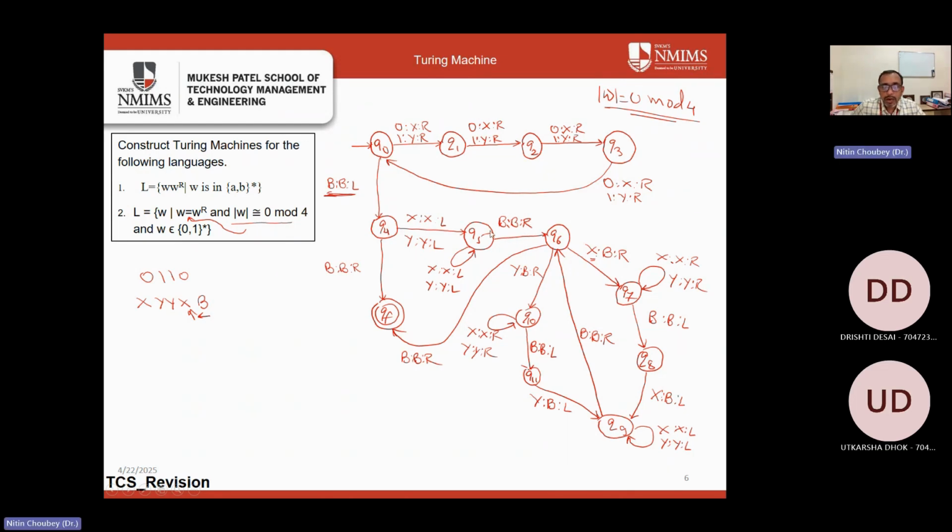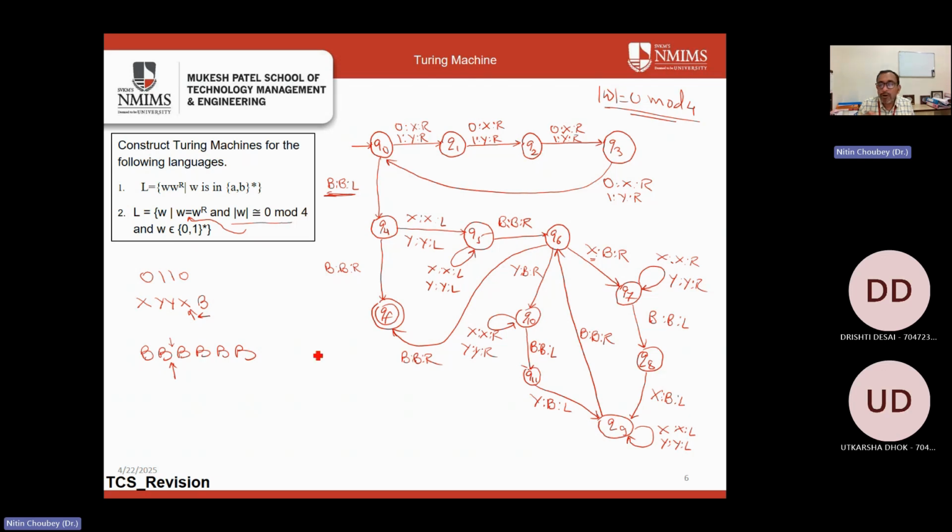Yes, sir. Now, if its length is equal to 0, what does it mean? That initially on the tape we had all blanks. Because if mod of W is equal to 0, it means the length of W is 0, so it is equal to epsilon.